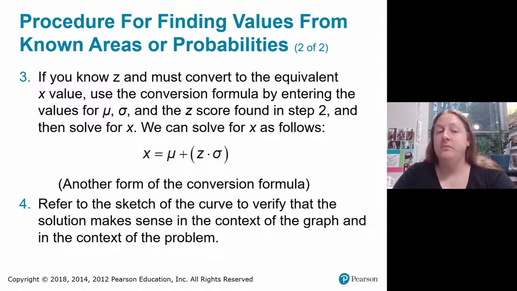So since we know the mean and the standard deviation, we're able to use the z-score that we found, multiply it times the standard deviation, and then add the mean, and that will give us the x value that goes where we marked it on the sketch. And then, of course, we will always want to do that gut check of, does it make sense with the context of the problem? Does that x value make sense? And if it does, then we're golden.